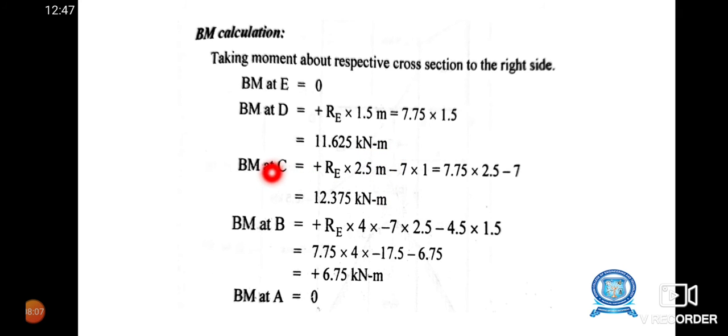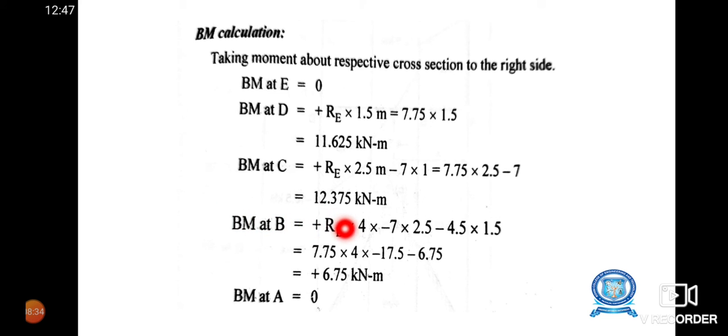Next, we find the bending moment at C point. So RE into 2.5 meter, that is the distance between E and C, minus 7 into 1. So the value of bending moment at C point is 12.375 kilonewton meter. Next, bending moment at B point.